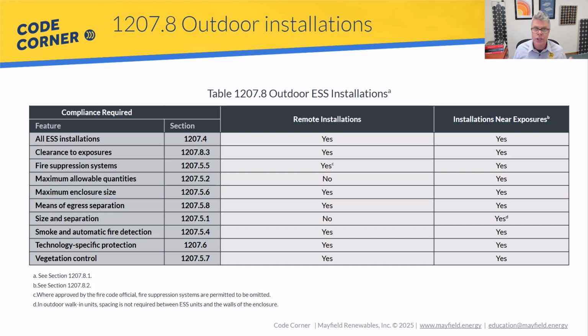And then the separation is 3 feet, with each of those units spaced 3 feet apart. There are exceptions for both of those, which we talked about in previous videos. But if you are in a remote installation location, then the size and separation requirements aren't going to apply for you.